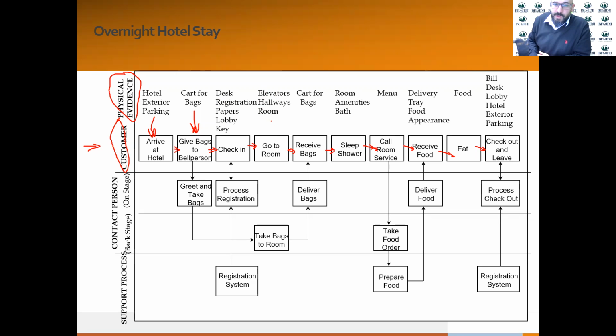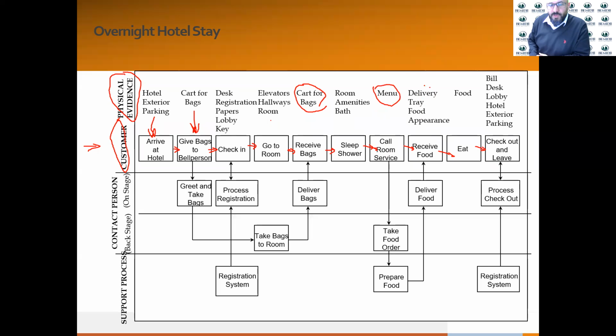When they go to the room, they will see the elevator, hallways, and room, and once they receive their bag, they will see the cart for bags. Once they go to sleep or take a shower, they will see the room amenities such as the bath, the beds, etc. If they call room service, the thing they will carry in their hand would be the menu.